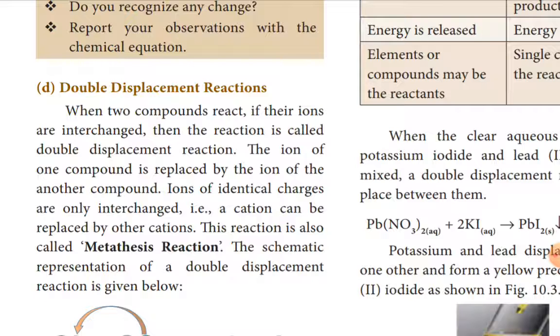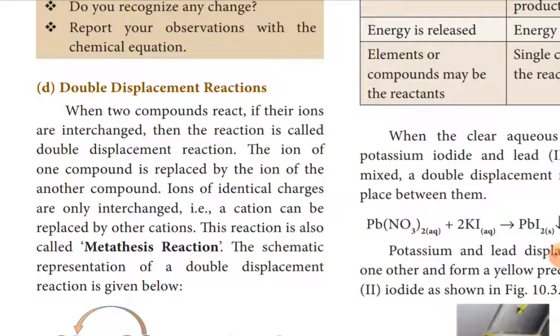When both the reactants are compounds and their ions are rearranged, their ions are interchanged, then the reaction is called a double displacement reaction. So you have to simply understand: both reactants are in the form of compounds and their ions are interchanged to form new products. These types of reactions are called double displacement reactions.